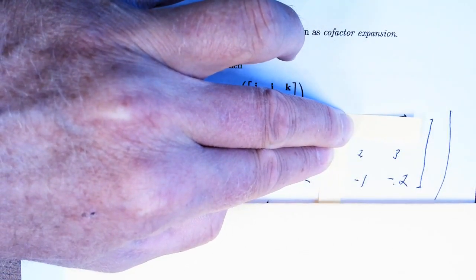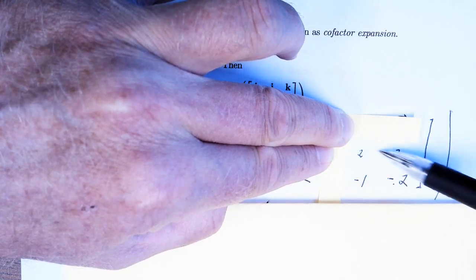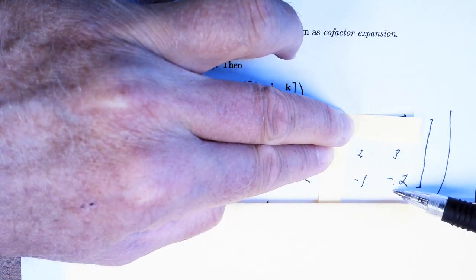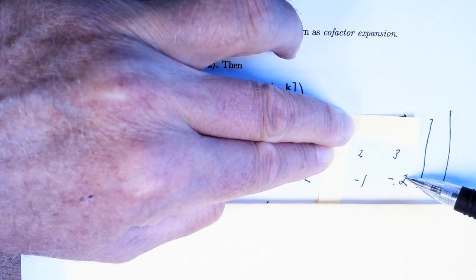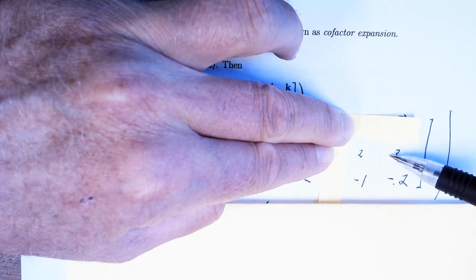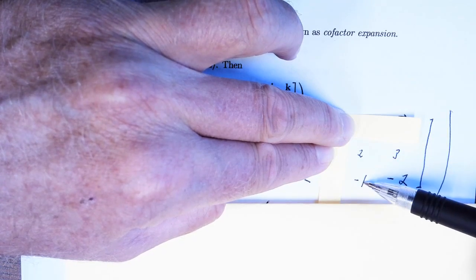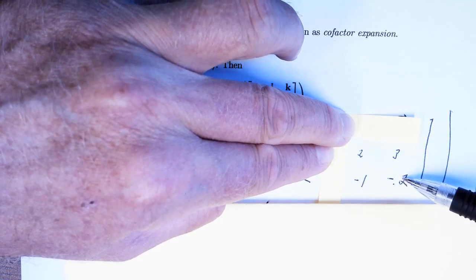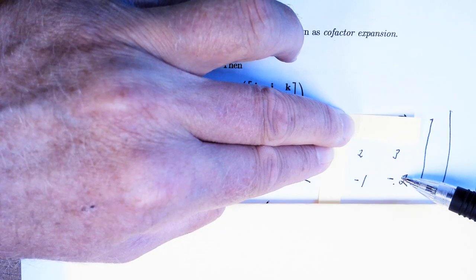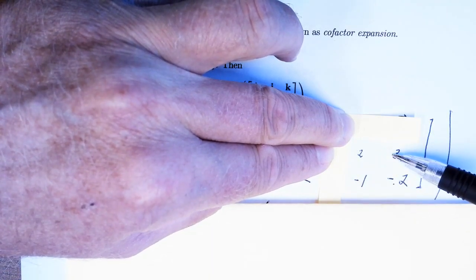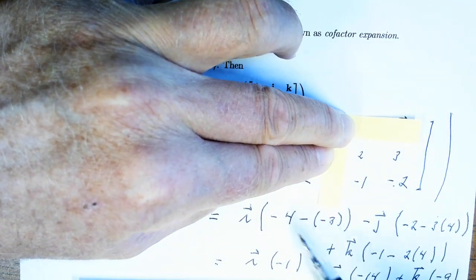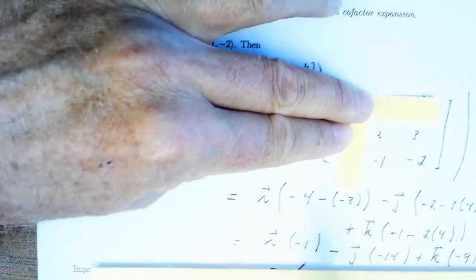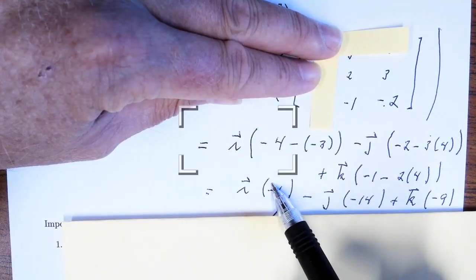And then I'm going to compute the determinant of this 2 by 2 submatrix. I take the product of the diagonals, which is minus 4, minus the product of the back diagonals. So I'll have 2 times negative 2, which is minus 4, and I'll subtract negative 3, which gives me negative 1. So minus 4 minus a minus 3 is negative 1.